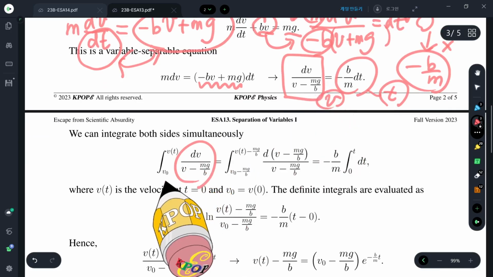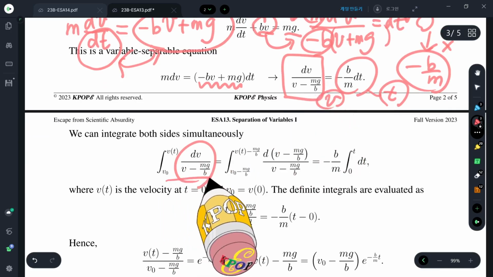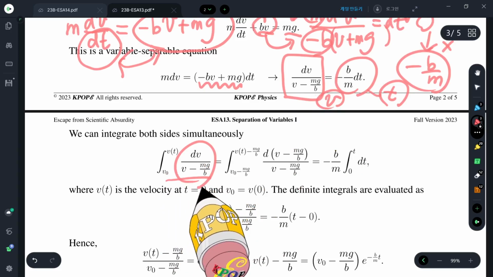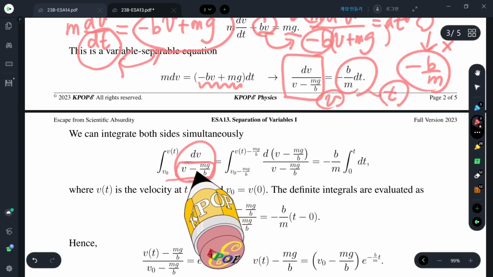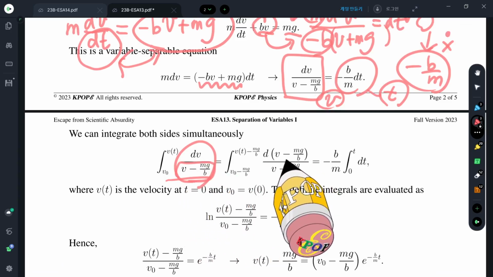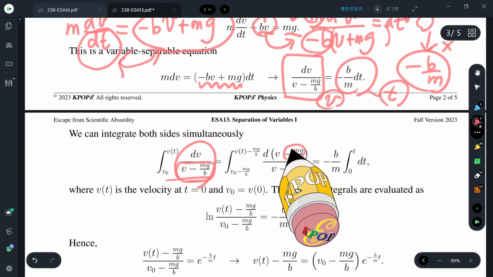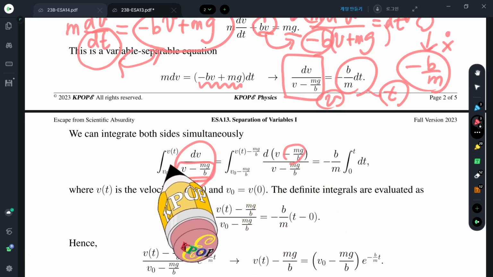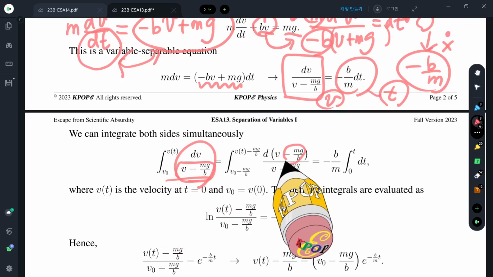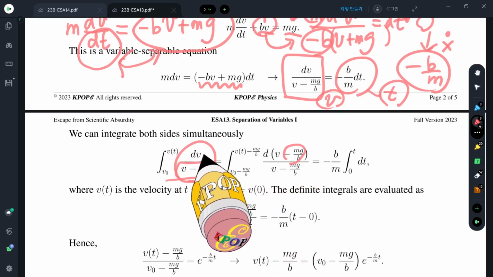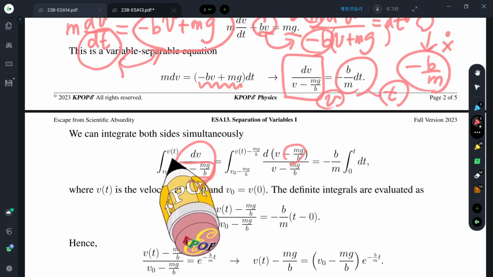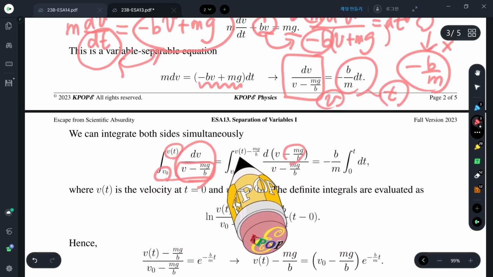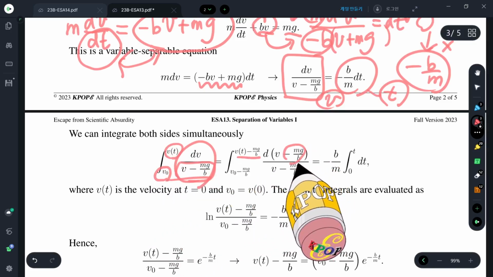This integral, I know the integral table, this is a log, but these and these are different, so I change the variable by subtracting this, but that doesn't change anything. If I change the variable from v to v minus mg over b, then the upper limit and lower limit are shifted by the same amount.